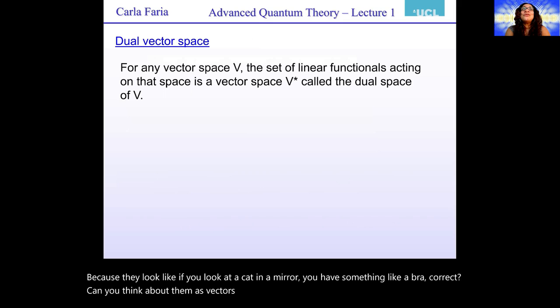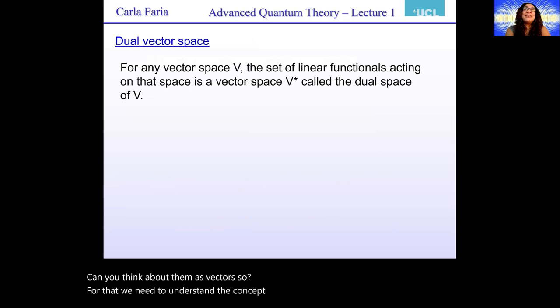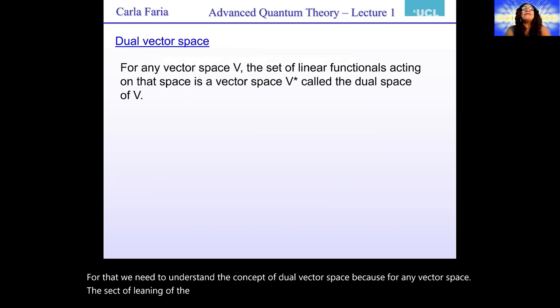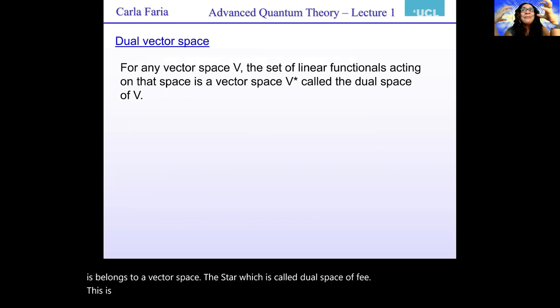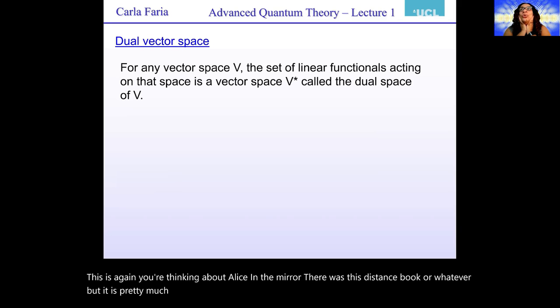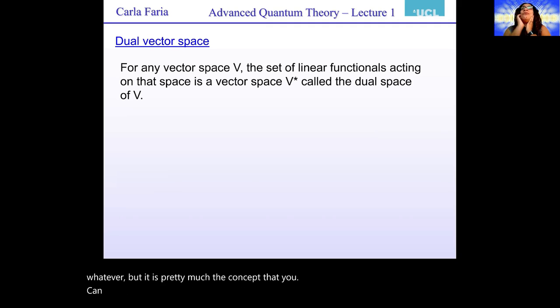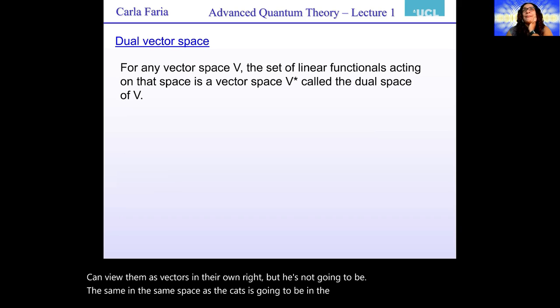For that, we need to understand the concept of dual vector space, because for any vector space V, the set of linear functionals acting on that space belongs to a vector space V star, which is called the dual space of V. Again, you're thinking about Alice in the mirror, but it is pretty much the concept that you can view them as vectors in their own right, but it's not going to be in the same space as the cats. It's going to be in the dual space of the cats.